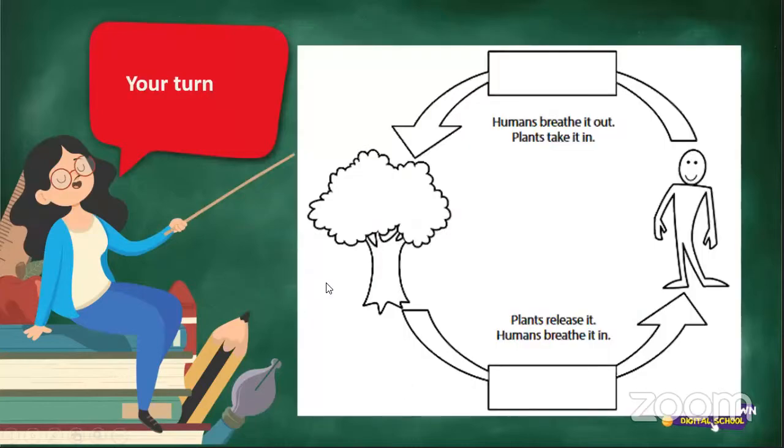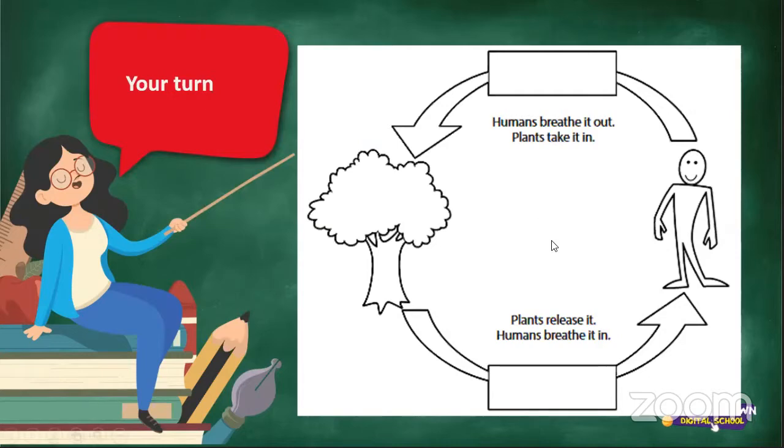I want to have a look at this picture over here. We'll start with the human being. It says humans breathe it out, plants take it in, and then plants release it, humans breathe it in. What word goes to the top? I'll give you a couple of seconds. I see a lot of you saying carbon dioxide, CO2.